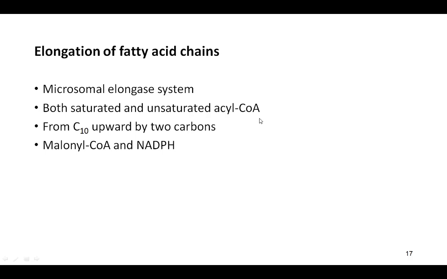Like palmitic acid is 16 carbons, but if you have to make some other fatty acid of longer chain, then you need some other enzyme for elongating this fatty acid chain. So there the role of the microsomal elongase system comes. For both saturated and unsaturated fatty acid, this microsomal elongase system helps in the elongation. And here malonyl coenzyme A and NADPH will be required for the elongation also.